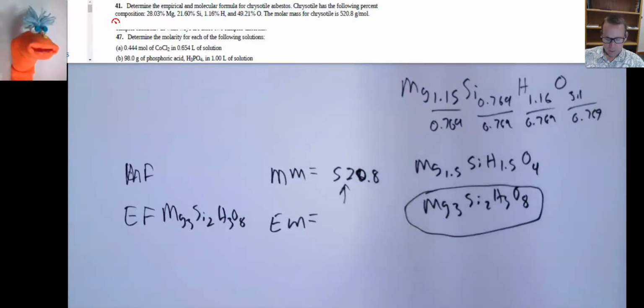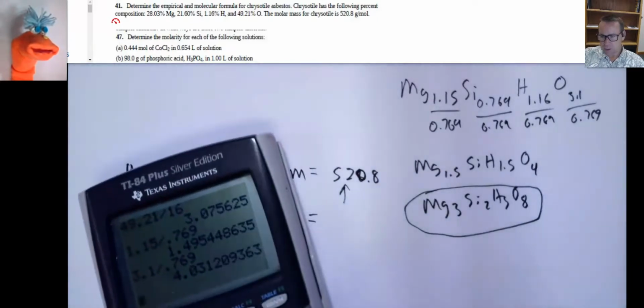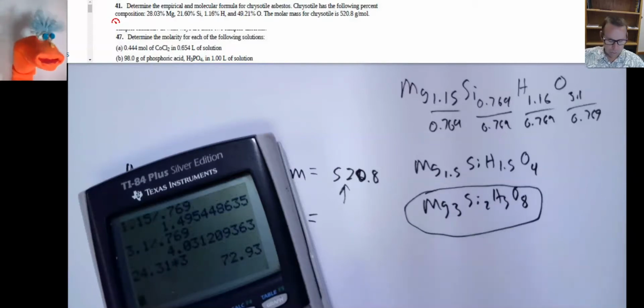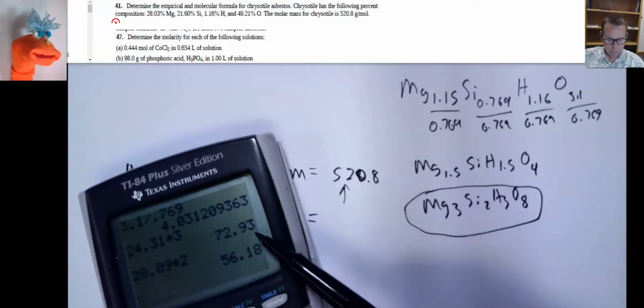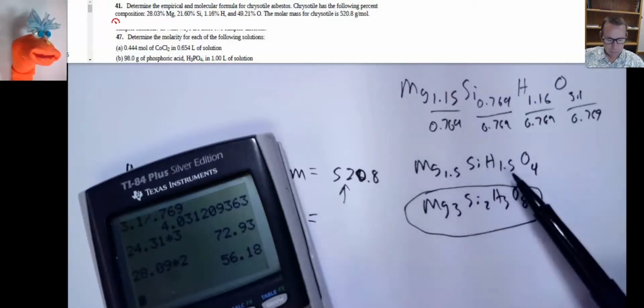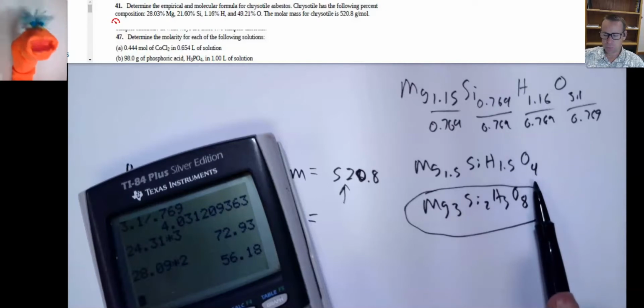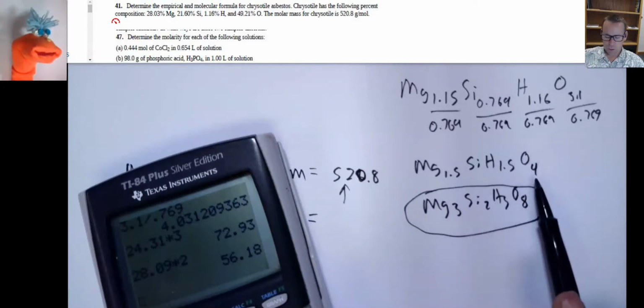So 3 magnesiums, that's 24.31 times 3. 2 silicons, that's 28.09 times 2. There's the mass from the magnesium, the mass from the silicon, 1.5 is the mass from the hydrogen, and then 4, 16, 16, 64 grams for the oxygen.